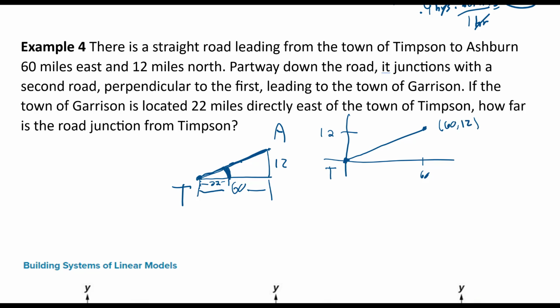Obviously, the origin is going to be at 0, 0. And then we have something that it hits here at this point, which is at 22, 0. So let's come up with the equation of this line here.